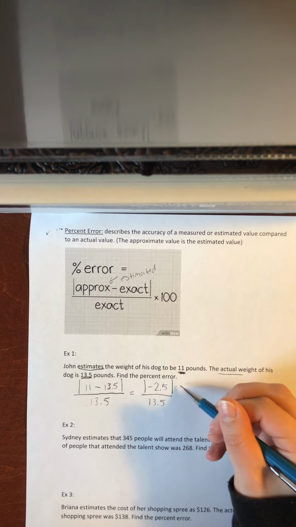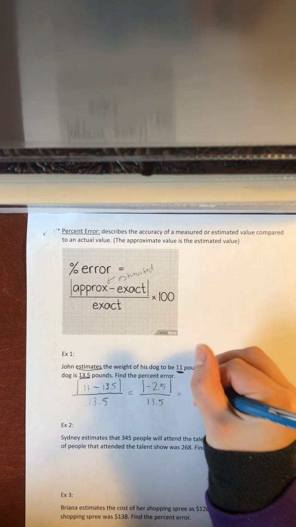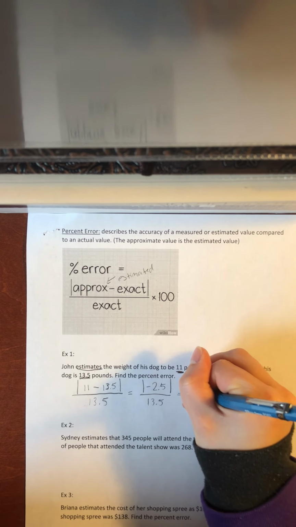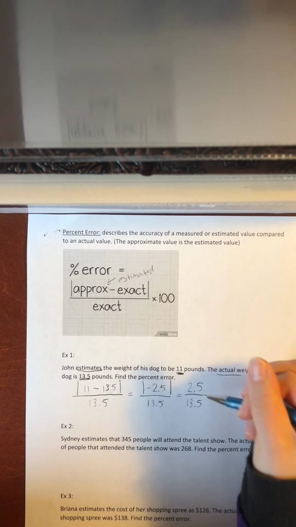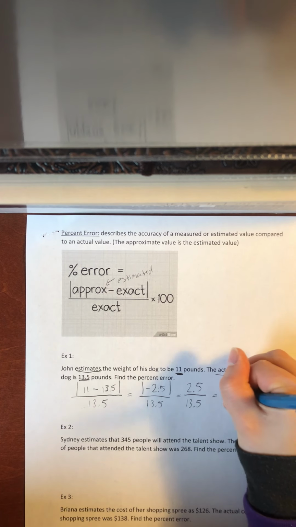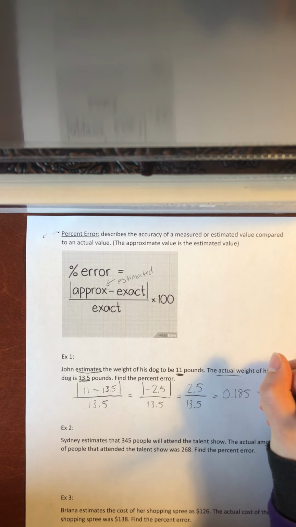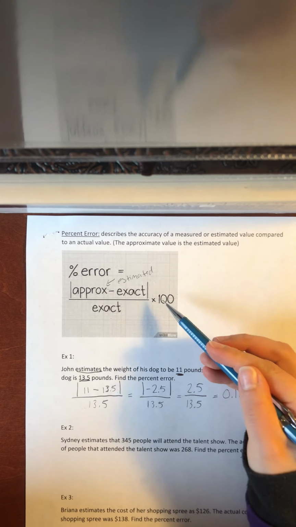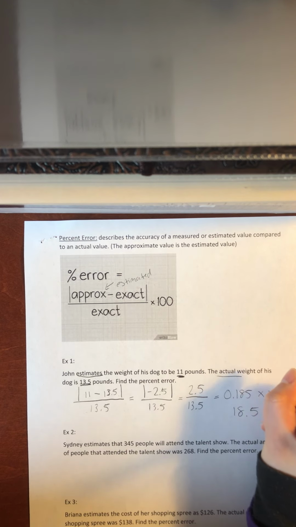Remember, you have to take the absolute value, so the absolute value of negative 2.5 is positive 2.5. Absolute value always makes it positive, right? So now we have 2.5 divided by 13.5, and when you divide that out, you will get 0.185 multiplied by 100. I'm just doing that at the very end. And you will get 18.5% error.